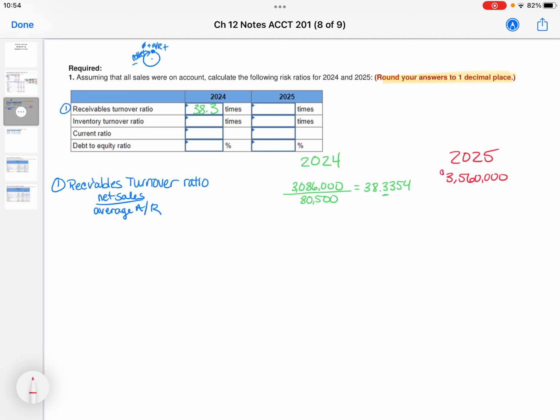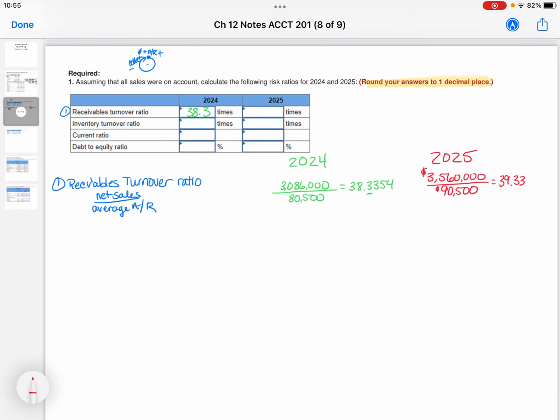That's our net sales. And we divide that by the average accounts receivable, which was a little bit higher. Makes sense. If your sales are up, your accounts receivable is probably up. So we're at 90,500. And that gives us 39.33702. So we're going to round this to one decimal place. It's 39.3.